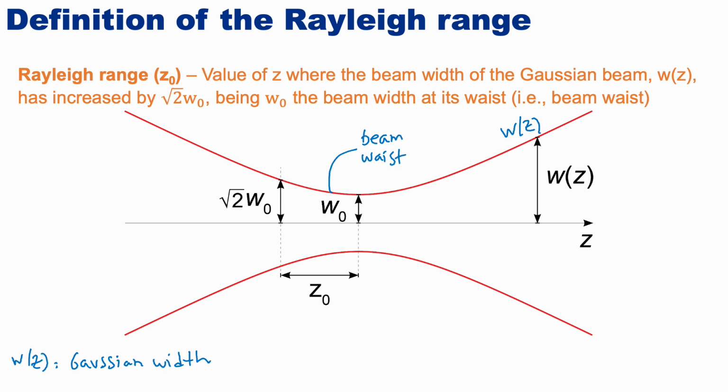The Rayleigh range is such a position where the beam width increases by square root of 2. That is how we define the Rayleigh range: the value of the actual distance where the beam width of the Gaussian beam increases by square root of 2 the beam waist.